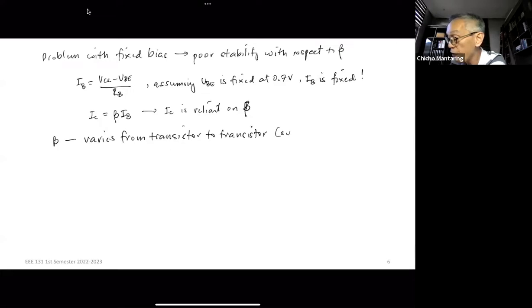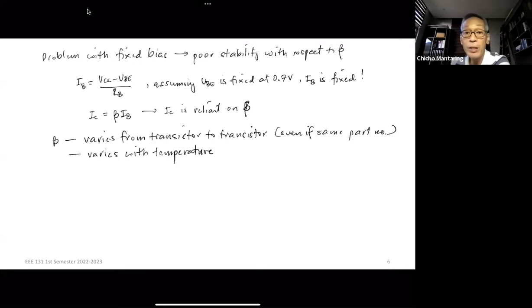Even if it's the same part number, beta varies from transistor to transistor, and it also varies with temperature.